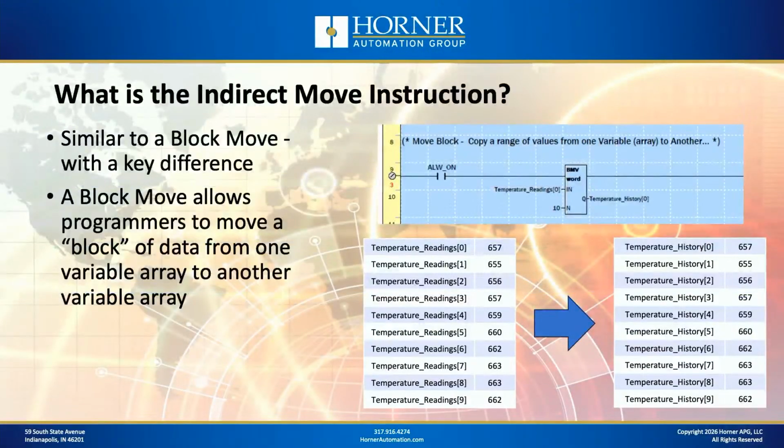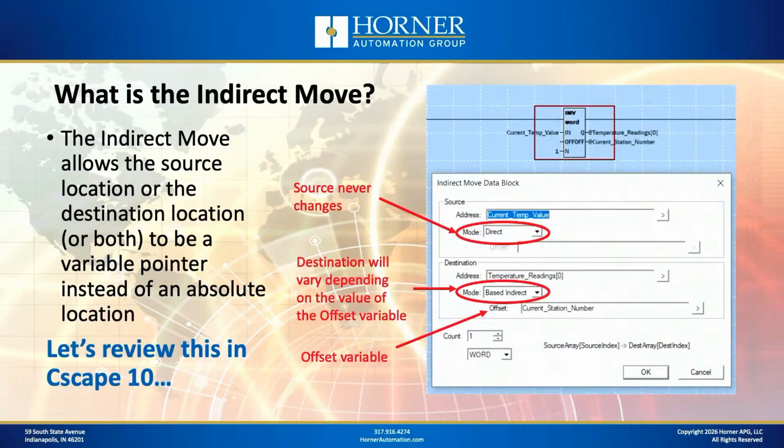Now let's talk indirect moves. So indirect moves are similar to the block move I just showed you. Remember, the block move is where we're able to move multiple values from one variable array to another. However, an indirect move has a key difference, and that is this.